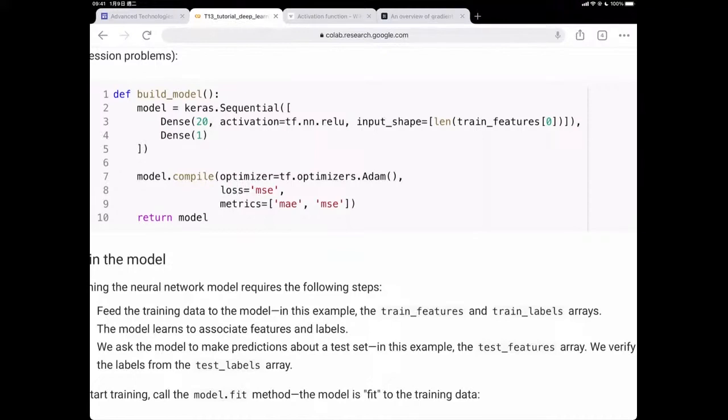However, one thing I need to inform you of is that sometimes those examples were created when TensorFlow was in version 1. But currently TensorFlow is version 2. So sometimes the code may have compatibility problems.